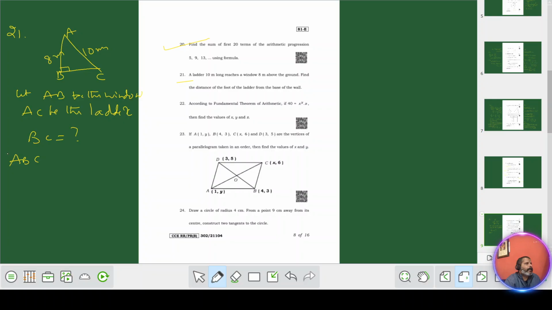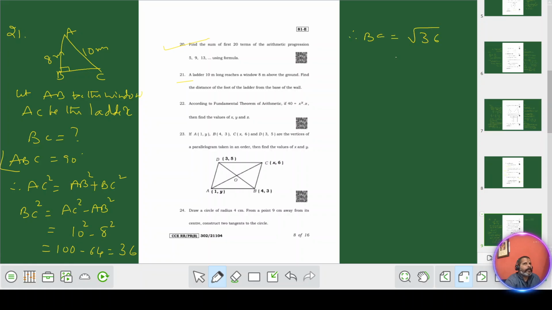Since angle ABC is 90, therefore AC square is equal to AB square plus BC square. What we need? BC square is equal to AC square minus AB square. What is AC? 10 square minus 8 square. 100 minus 64, we get 36. Therefore, BC is equal to square root of 36. BC is equal to 6 centimeter.